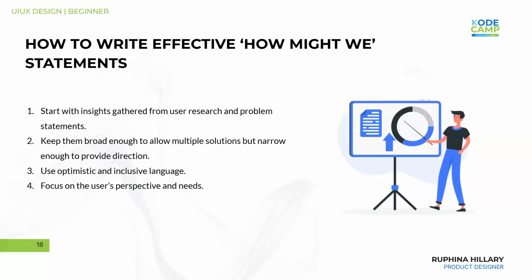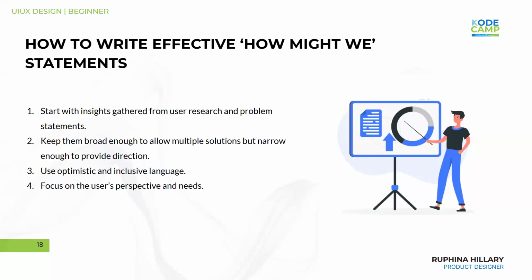It's not "this user needs this specific thing"; it's now "this user needs this, how might we give them this?" Because there are different ways to give them this. So keep it broad enough to allow multiple solutions, but narrow enough to provide direction.